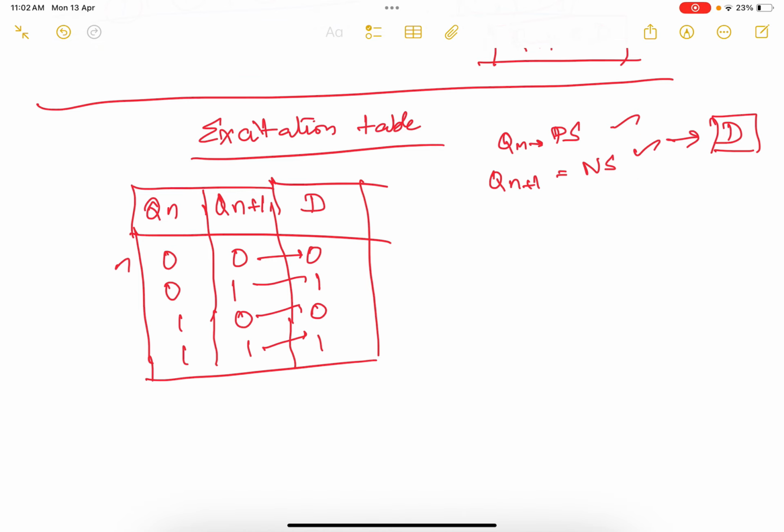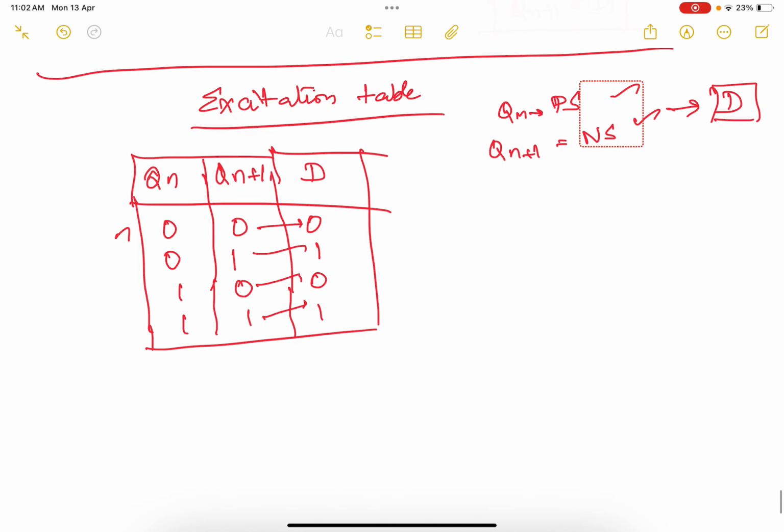Your Qn plus 1 is directly reflected in the D input: 0 means 0, 1 means 1, 0 means 0, and 1 means 1, for the 0 1 0 1 condition. Whatever the next state is, that comes in our input. This is the excitation table concept.